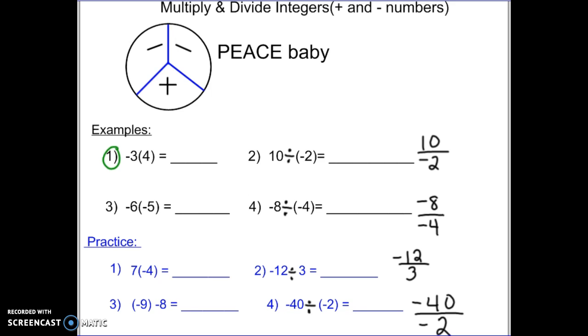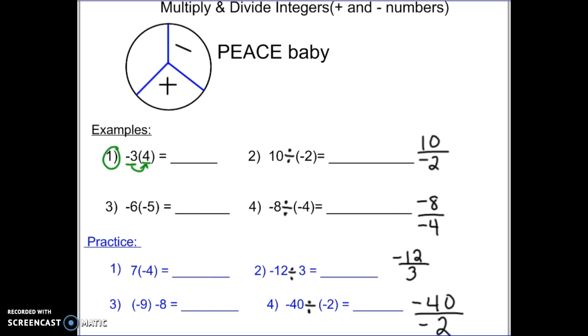When you see -3 parentheses 4, you should know by now that that is another way to indicate multiplication. So in example 1, we are multiplying -3 times +4. Here's what we're going to do. Because that 3 is a negative, I am going to cover up the negative sign in my Peace Baby. So all I want you to do is hold one of your fingers over that negative sign because 3 is a -3. Then we're multiplying that by 4, and that is a +4.